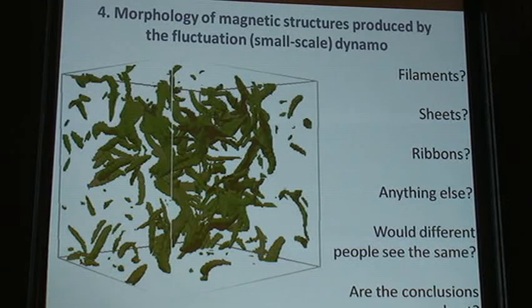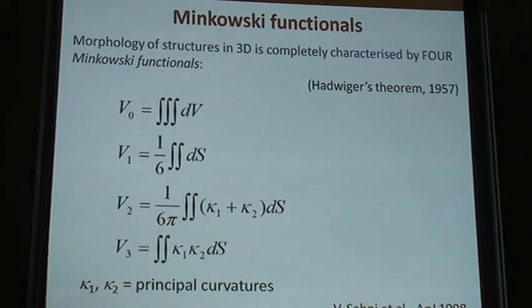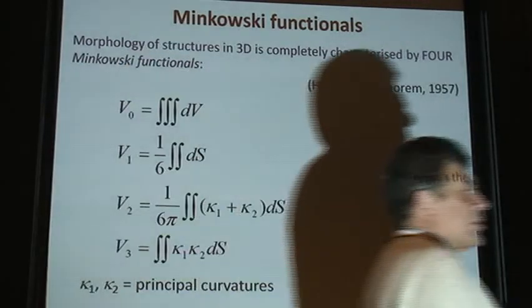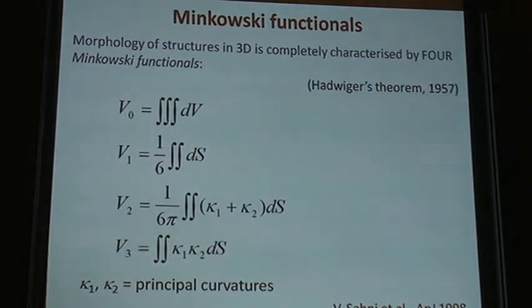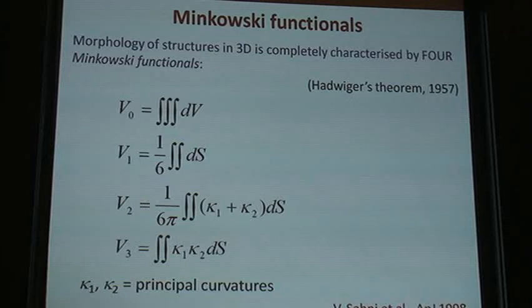Ribbons, sheets? I want to introduce now morphological characteristics which allow you to make an objective morphology. Yes, objective. And there is a readily available tool suitable for that purpose, which is known as Minkowski functions.